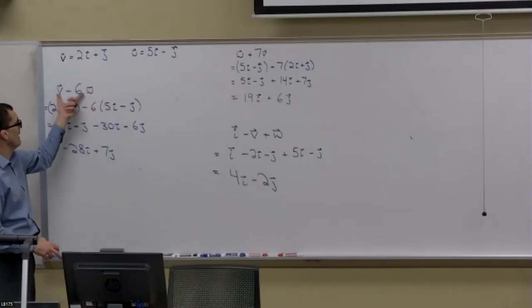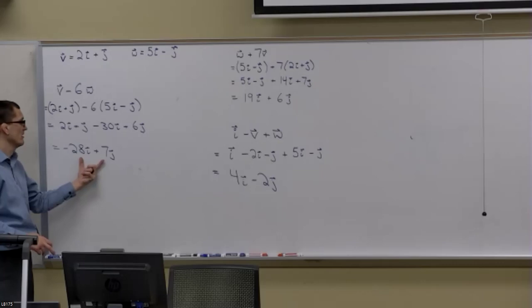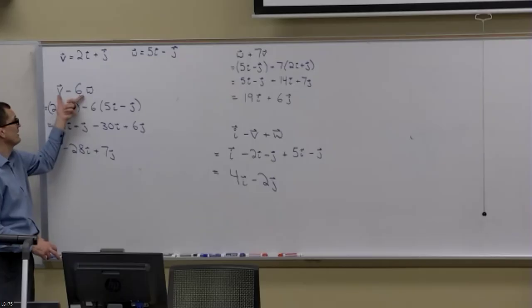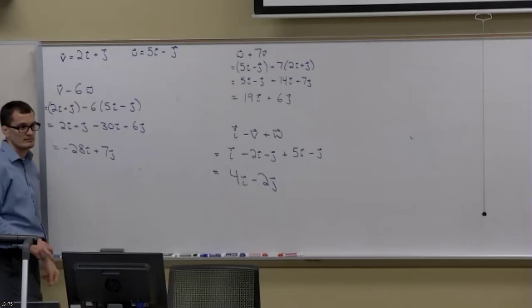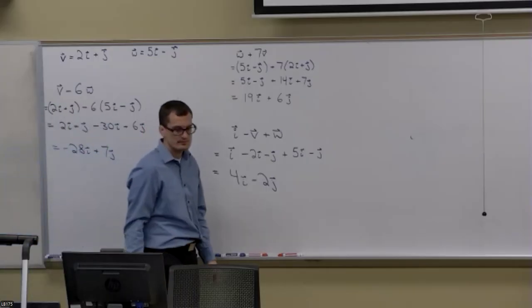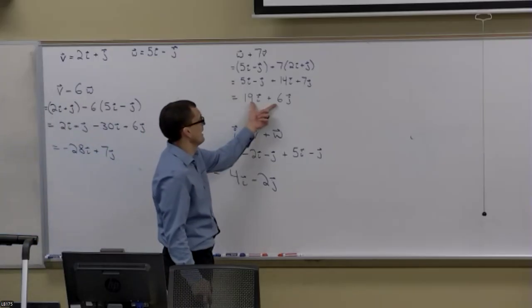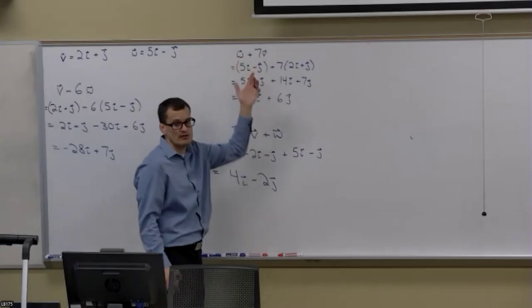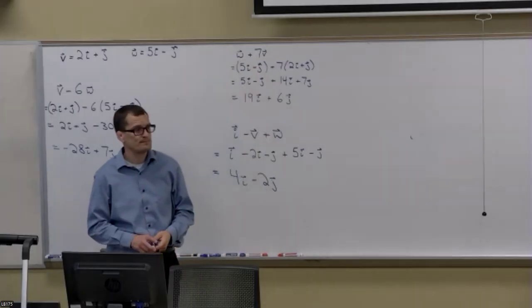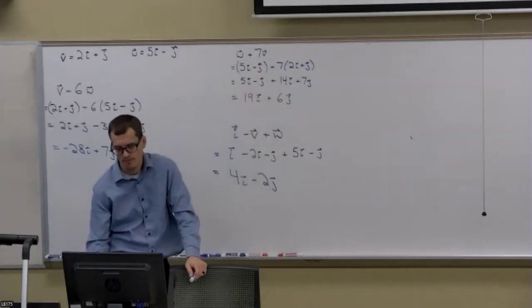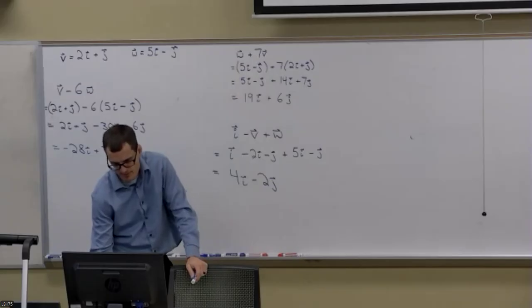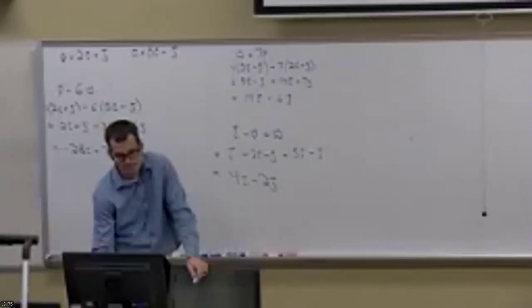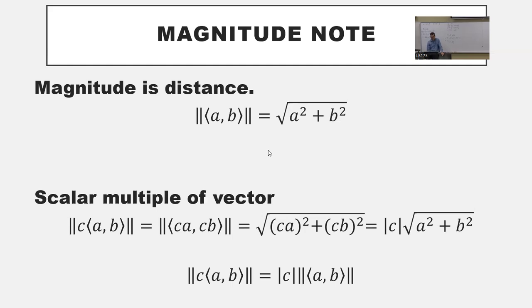And then we also have that this vector here, negative 28I plus 7J, is a linear combination of V and W. And 19I plus 6J is a linear combination of V and W, or W and V. Is that right? So there you go.